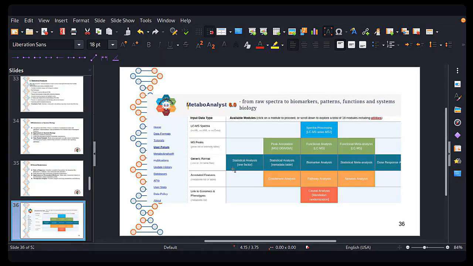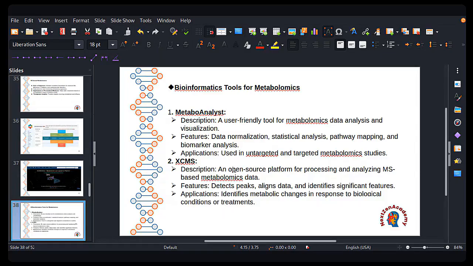So these are the two bioinformatics tools for metabolomics which we are using. MetaboAnalyst is a user-friendly tool for metabolomics data analysis and visualization. Its features are data normalization, statistical analysis, pathway mapping, and biomarker analysis, and it is used in targeted and untargeted metabolic studies.